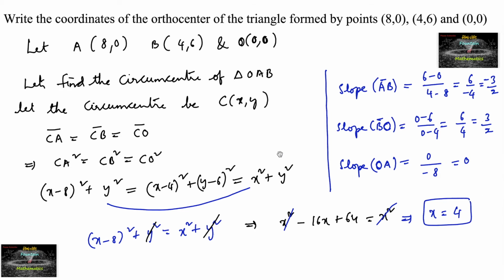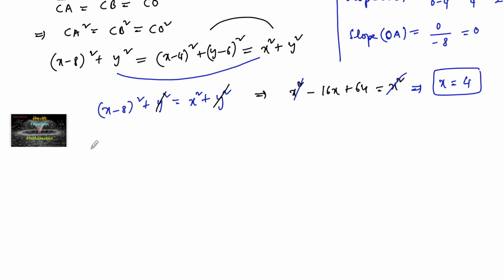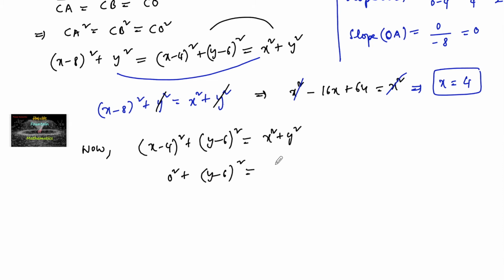And now let us simplify by taking the second and third. (x minus 4) whole square plus (y minus 6) whole square is equal to x square plus y square. Let us substitute x is equal to 4: 4 minus 4 is 0, so (y minus 6) whole square is equal to 4 square, that is 16, plus y square.